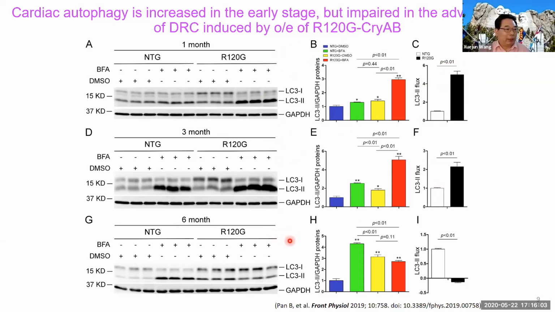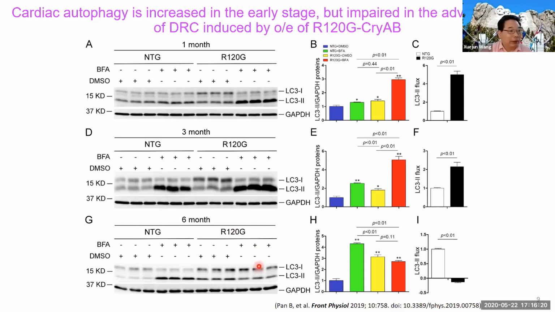But later, in the decompensation stage at 6 months, a time point very close to the lifespan of this transgenic mouse, the R120G mice have a shortened lifespan.